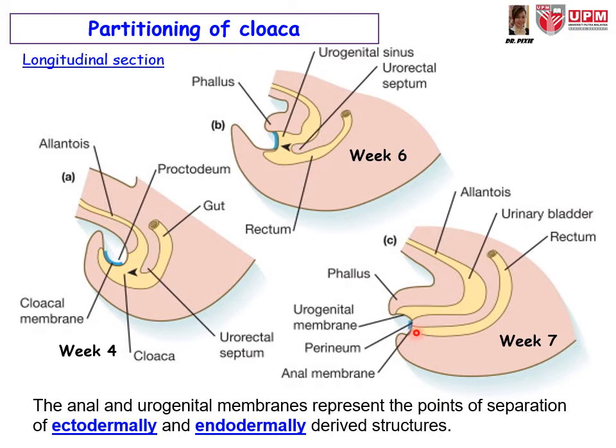The location of the cloacal membrane is approximately at the pectinate line, in the distal one-third of the anal canal. It is thought that the anal valves are the remnants of the cloacal membrane.